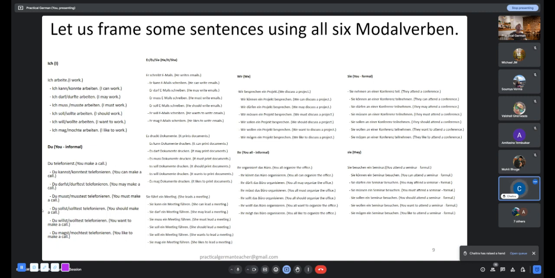Not dufte, it's dürfte. Ich muss, musste arbeiten. Ich soll, sollte arbeiten. Ich will, wollte arbeiten. Ich mag, mochte arbeiten.